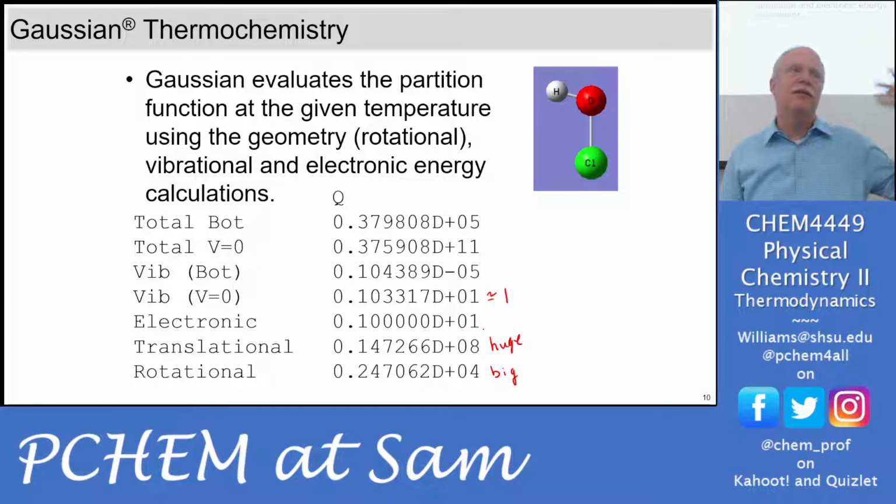Our first vibrational temperature was 1,000 Kelvin, so we're at room temperature. So we just don't really have any vibrational motion that's excited. Notice I've been saying this whole time that the partition function sort of bottoms out at 1, and yet here we have this 1 times 10 to the minus 5.